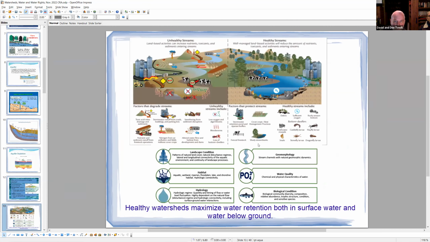And this really busy slide here just shows some comparisons between unhealthy streams and healthy streams. Even the healthy streams can be taken as a relative thing, because these are not pristine, but on a relative basis are much healthier than the ones on the left, where there can be toxic mine drainage, sediments, stormwater runoff, smothering from sediment deposition, low oxygen, and algae blooms from fertilizers.